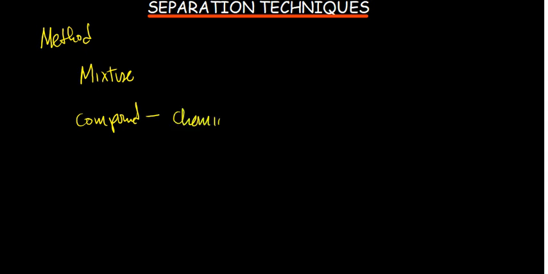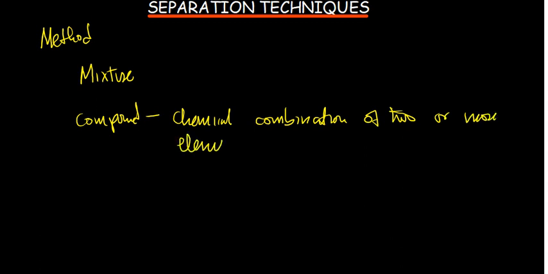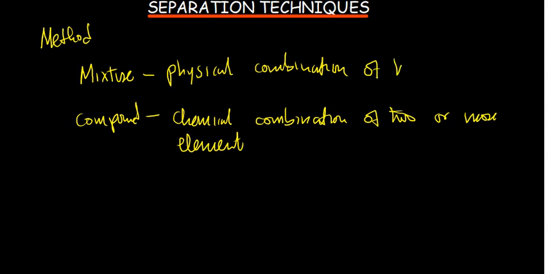Now, a mixture is basically a substance formed by physically mixing two or more substances together. So this one is not chemical but physical combination of substances.